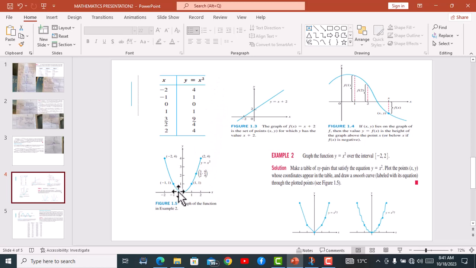On the other hand, when you decrease the values of x as you go to the left, the graph also rises. So when the values of x are negative, the values of y keep on rising and rising and rising.